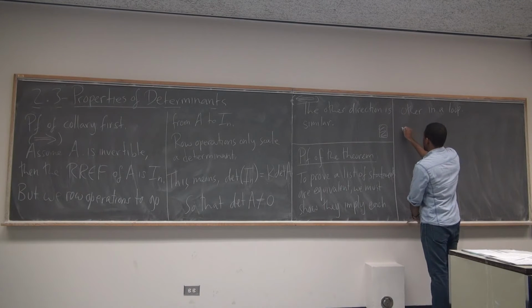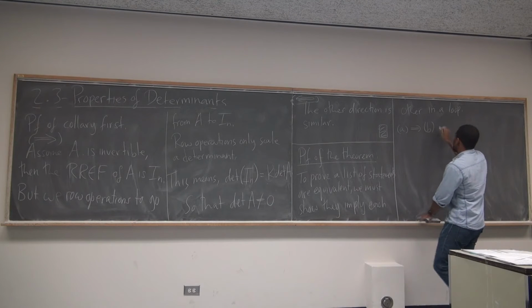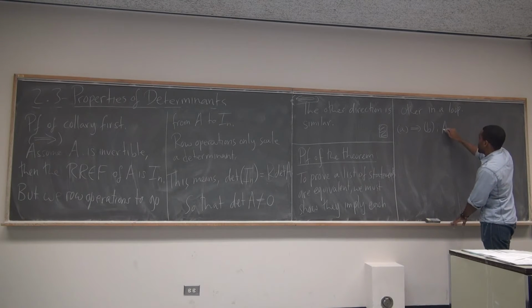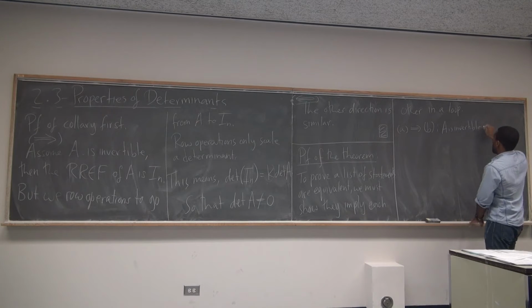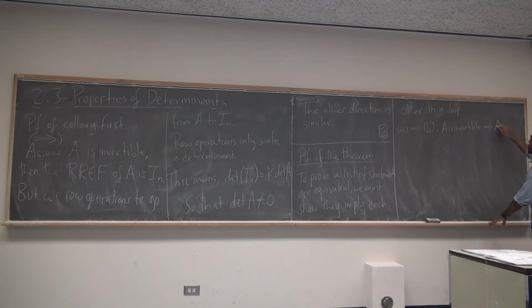So first, let's show that A implies B. I.e., I want to show that A is invertible means that this system has a unique solution.